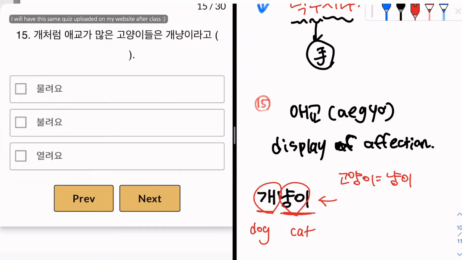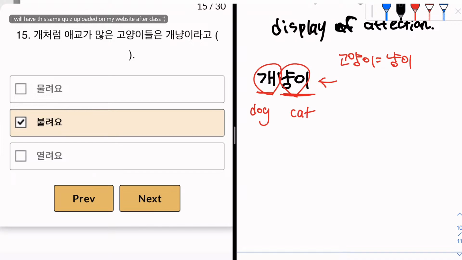So 개냥이, 라고, the quotation grammar is used. With this as a hint, you can easily find the answer, right? 개냥이라고 물려요? Is it bitten? 불려요? Is it called? Or 열려요? Is it opened? Obviously, it's called, right?